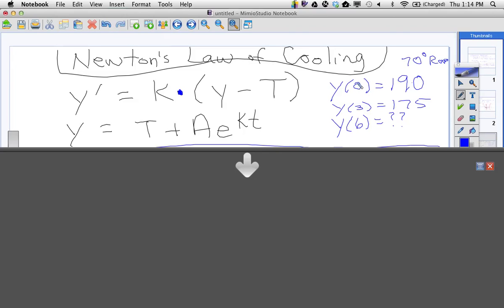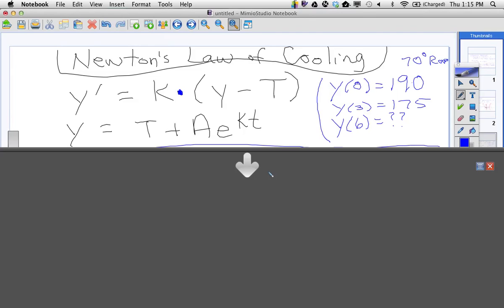Since we know that, it's all right here, guys. This tells you when you see y of 0, what should you think? When you hear y of 0, what comes to mind? Forget this problem. I just tell you y of 0.